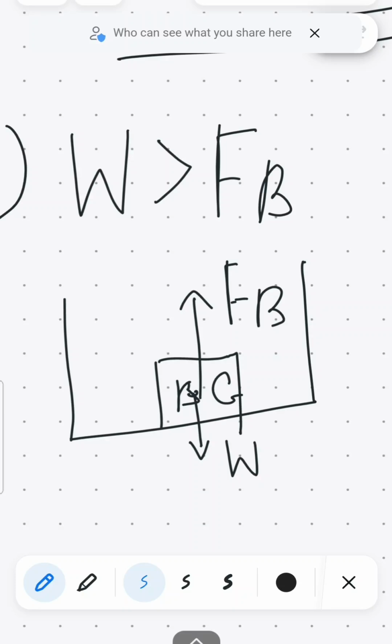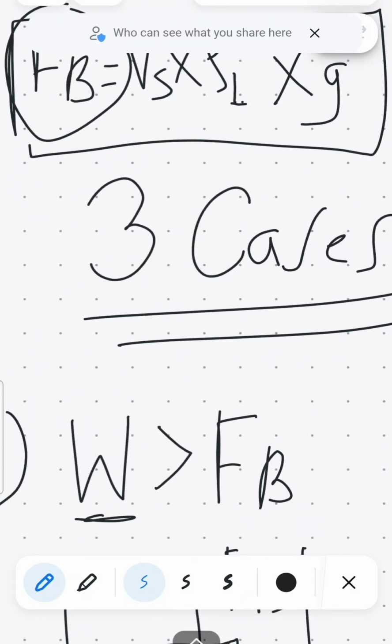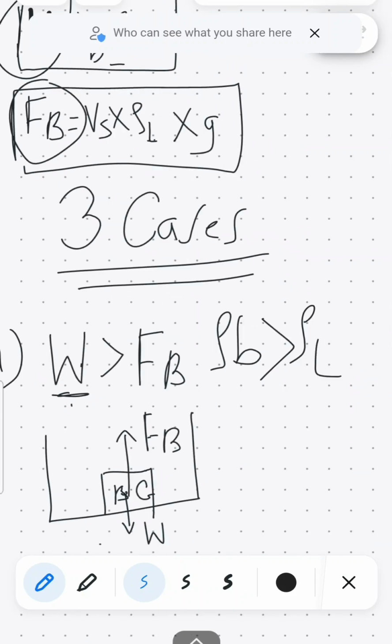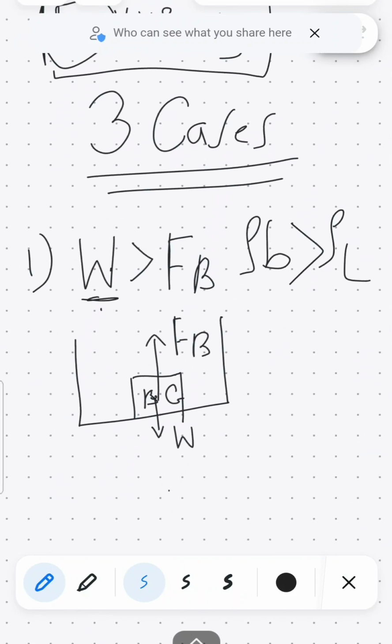This is the case when the density of the solid is greater than the density of the liquid, because in W we take rho B. So if W is greater than Fb, then rho B is greater than rho L. This is the first case.